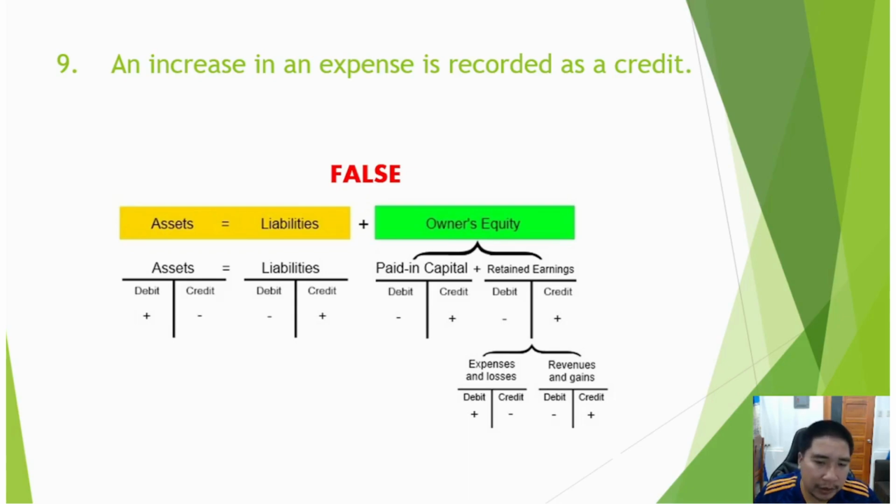Needless to say, expenses reduce or have a negative effect on our owner's equity balance, and that explains why there is an opposite treatment on the increase and decrease of these two accounts or elements.